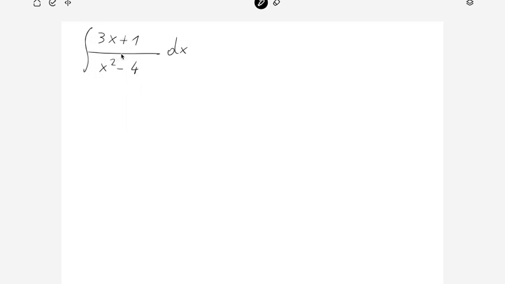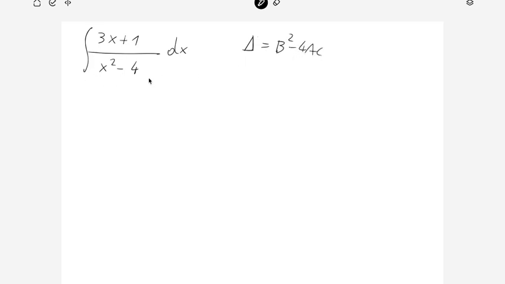And when we have degree 2, so a quadratic function at the denominator, we just need to study the delta of this function. Because if the delta is greater than 0, there is a rule to solve this integral. If the delta is equal to 0, there is another rule. If the delta is smaller than 0, there is another rule. So, in this case, the delta is generally b squared minus 4ac.